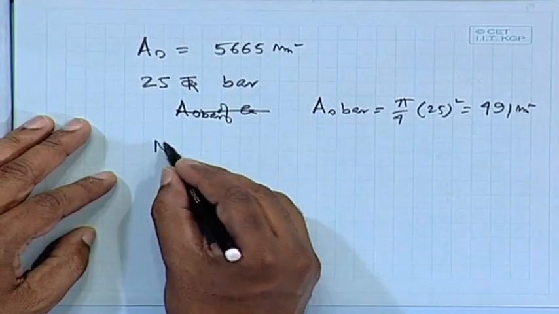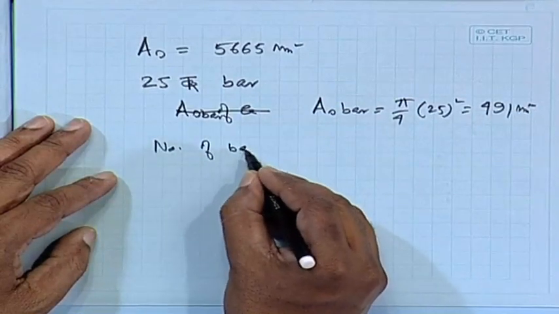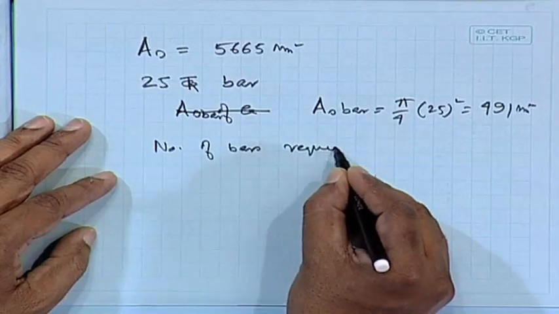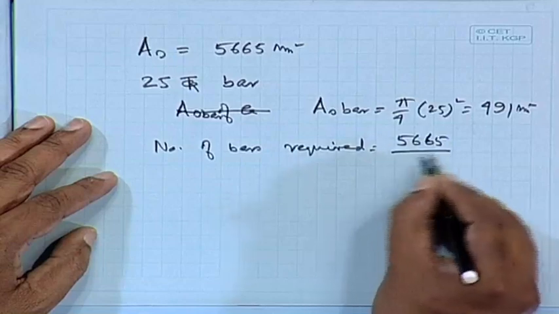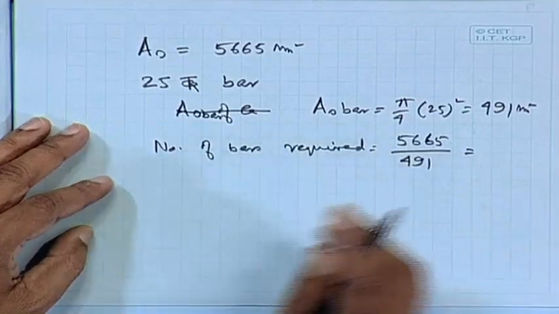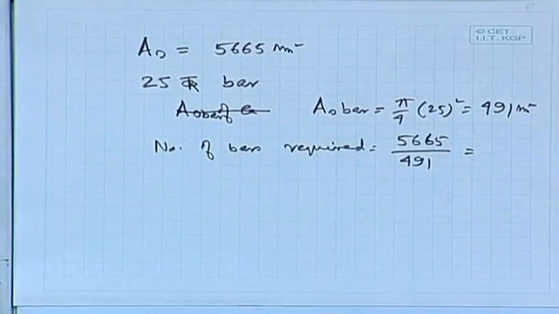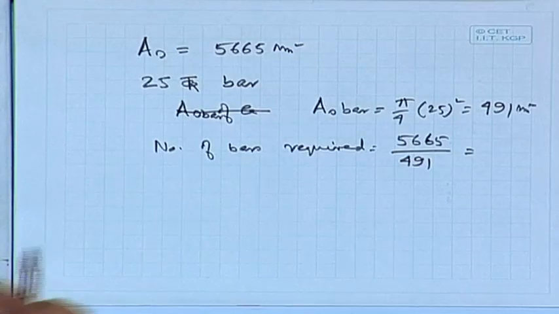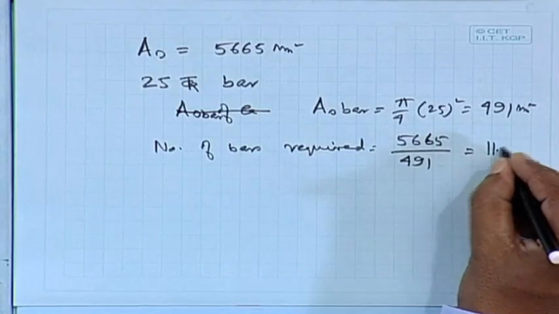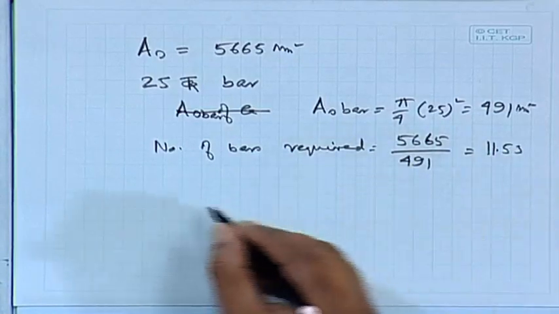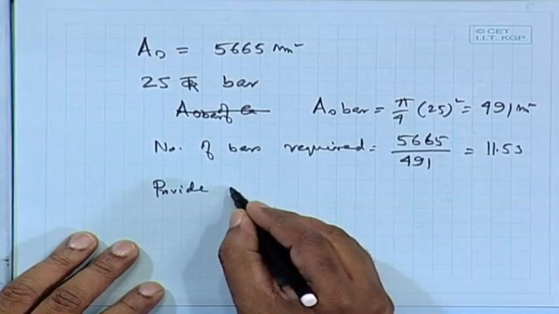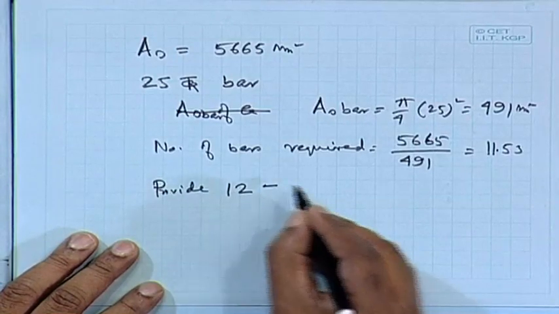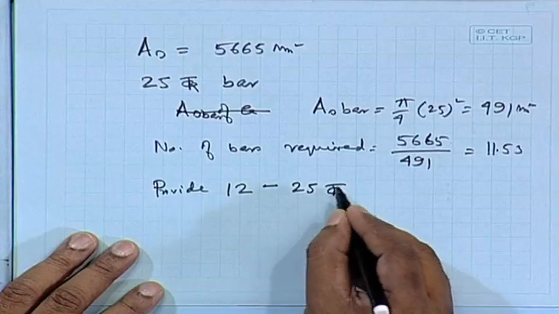So, number of bars required is 5665 by 491, which comes as 11.53. So, we have to provide 12 numbers 25 torr.